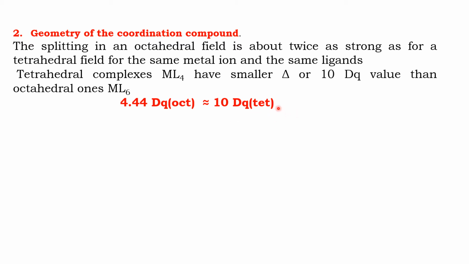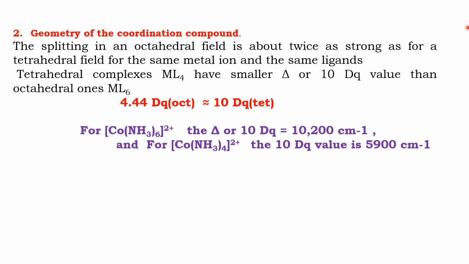That means tetrahedral 10 Dq is smaller compared to the 10 Dq of octahedral. So we can say the splitting of d orbitals is maximum in an octahedral complex than in a tetrahedral complex.